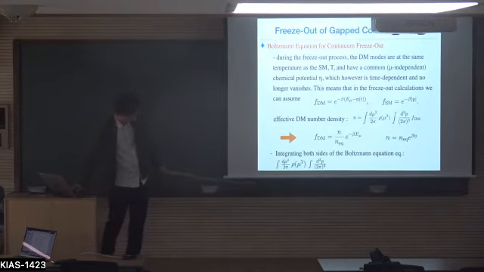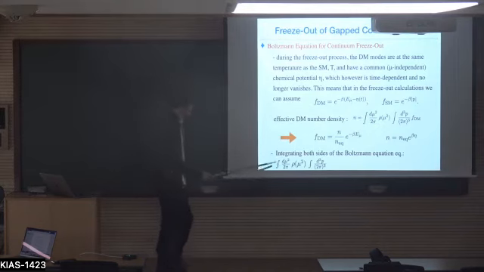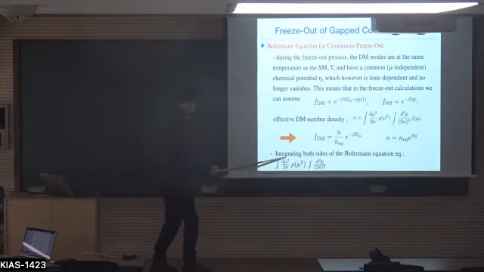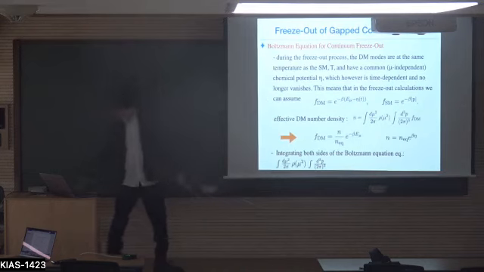So in the end, using this, I show the Boltzmann equation. You integrate the Boltzmann equation on both sides using this. You integrate over this mass parameter with the spectral density as a weight and the usual phase space vector.